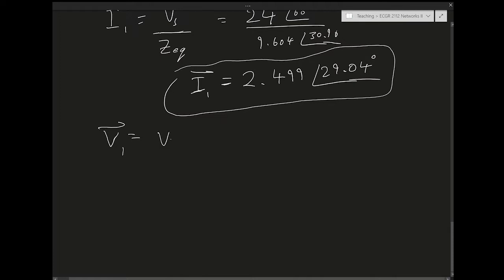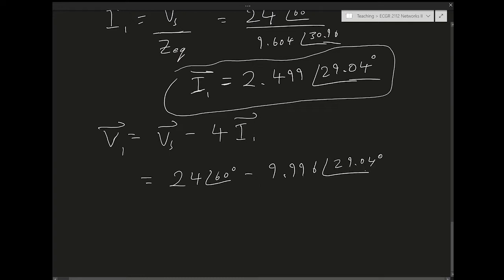So V1 is going to be Vs minus 4, which is the resistance, times I1. And again, we have to do the manipulation: 24 at 60 degrees minus 9.996 at 29.04 degrees, and then you go to MATLAB or your calculator that might do complex numbers.